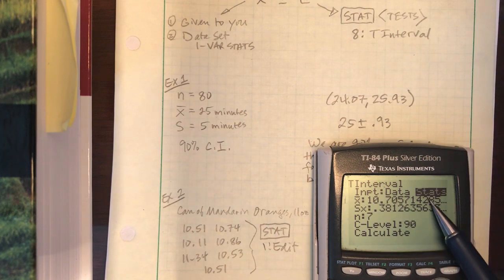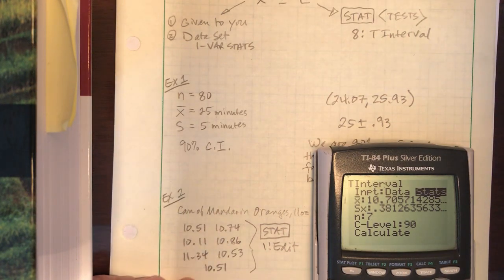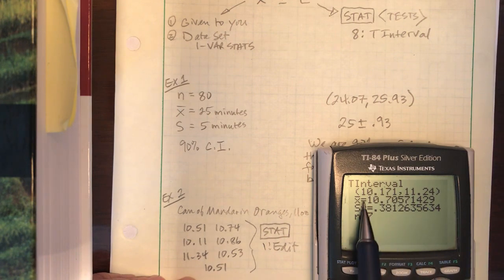No need to round off. Let's just take what they give us. Notice it gives me the mean, the standard deviation, the sample size. The only thing that you need to change is the confidence level, which I said, let's go with 99. Calculate, and we're good. Again, 2 decimals will be fine for us.